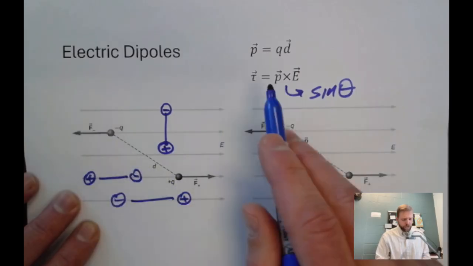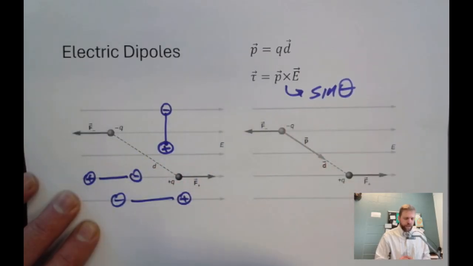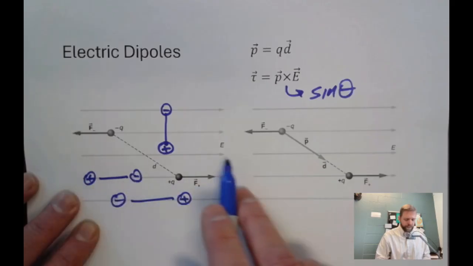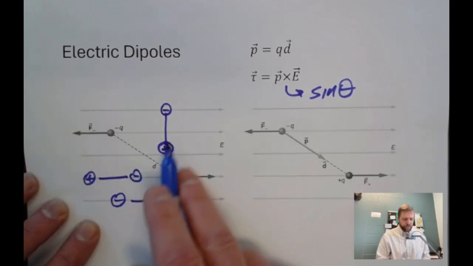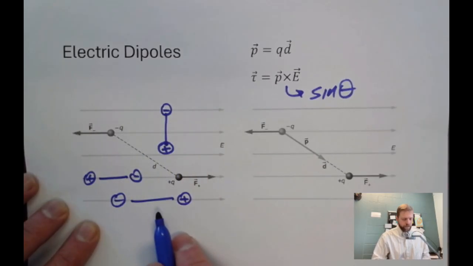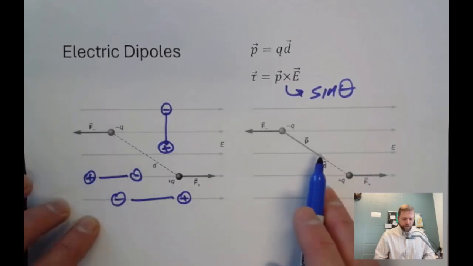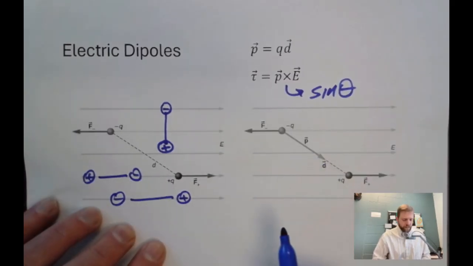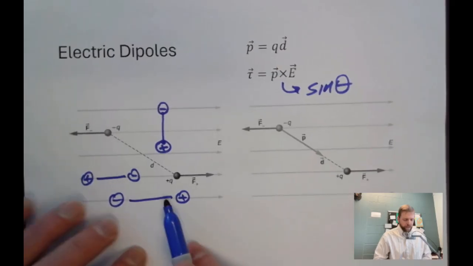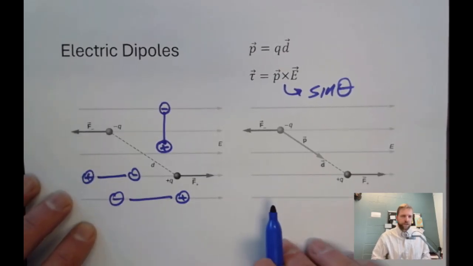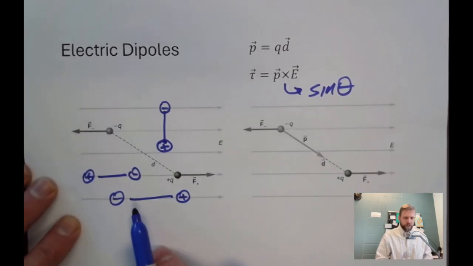So that's torque. Interestingly, if you put a dipole in any electric field, it'll experience a torque like this. If the electric field is not constant, then the dipole will, in addition, experience a net force that moves it in the direction of the stronger field.